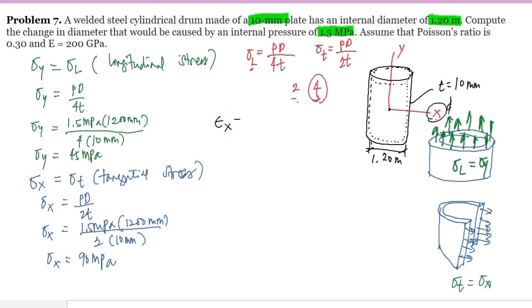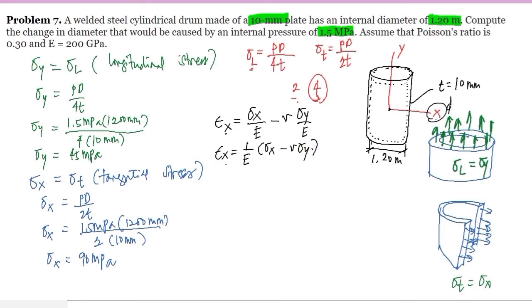So we have strain in x equal to stress x over modulus of elasticity minus Poisson's ratio times stress in y over E, since this is biaxial. If we make it look like our formula for triaxial stress, then we have this form here. And since in the triaxial stress we just add one more axis, we would have plus sigma z.